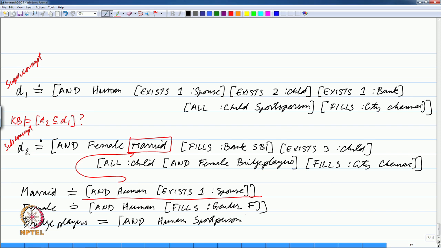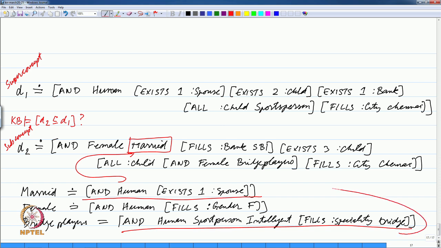We want to say that bridge players are a subclass of sports person essentially, and let us say intelligent and fills. So, again this whole definition we would take and plug it in here, and we would have our expanded definition essentially.